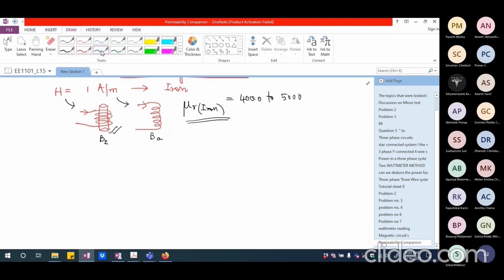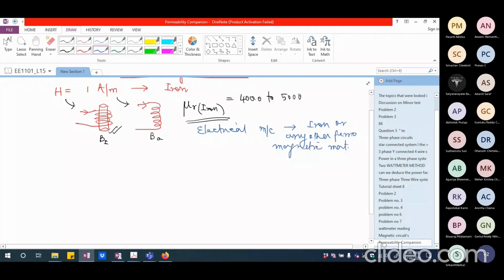And this is one reason why many of the electrical machines, rather all the electrical machines, generally are made up of iron or any other ferromagnetic material. Because whenever you talk about an electrical machine, you are converting generally, except for transformer, we generally convert electrical energy into mechanical energy.